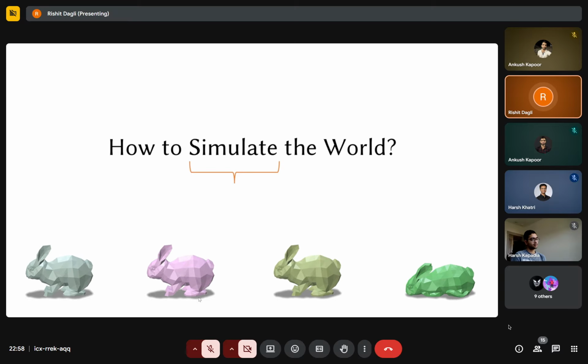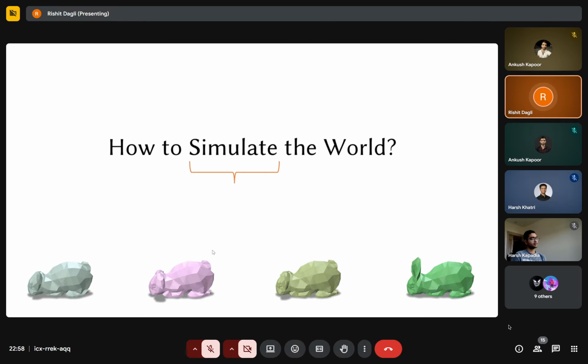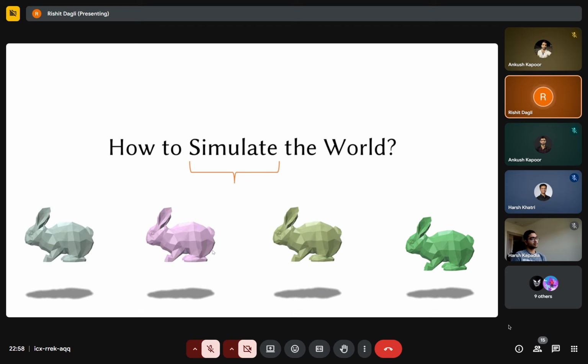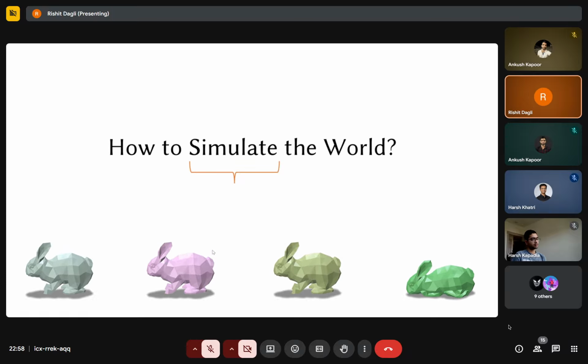My computer is first off discretizing this bunny as a bunch of tetrahedrons in 3D. So you have small tetrahedrons all over the place, and then you move those tetrahedrons. You don't move the entire bunny.